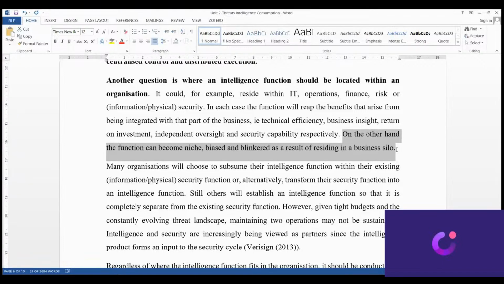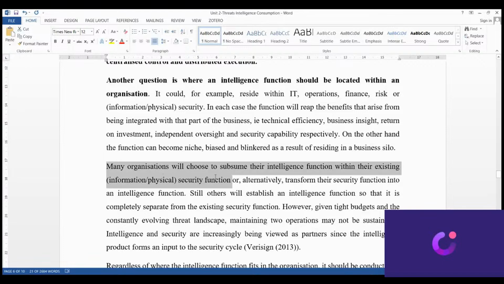As a result, this becomes a problem. So many organizations will choose to subsume their intelligence functions within their existing security function, or alternatively transform their security function into an intelligence function.